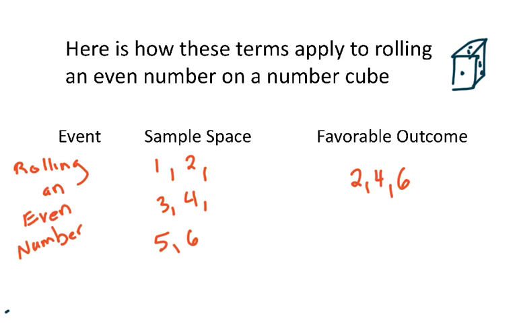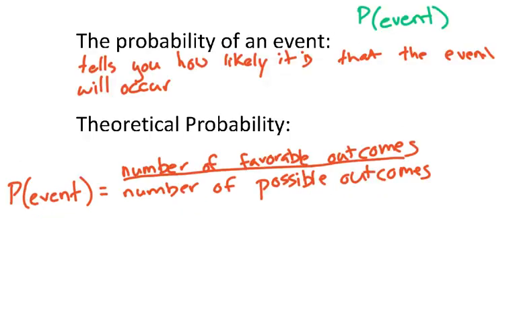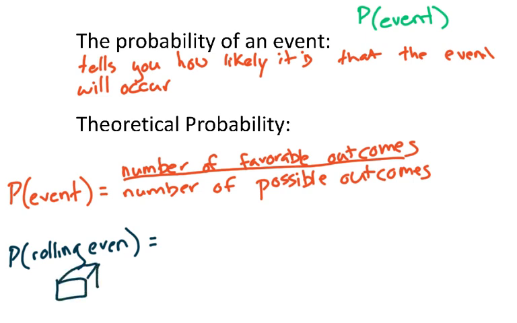So if we go back to our rolling an even number, the probability of rolling an even, remember, this is again on a standard number cube. Number of favorable events. So how many even numbers are there?